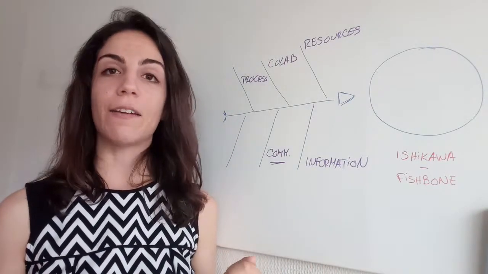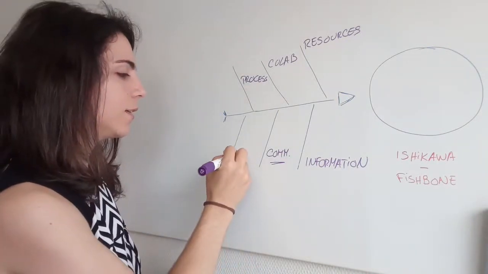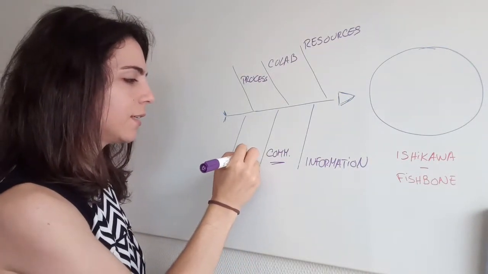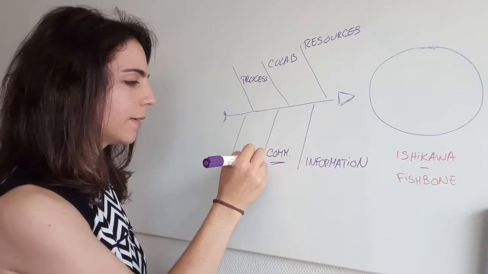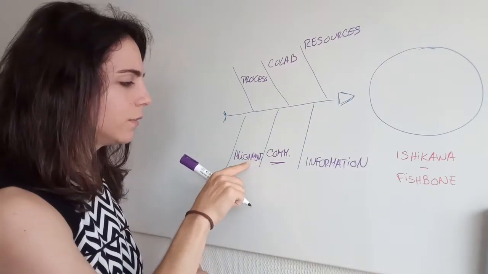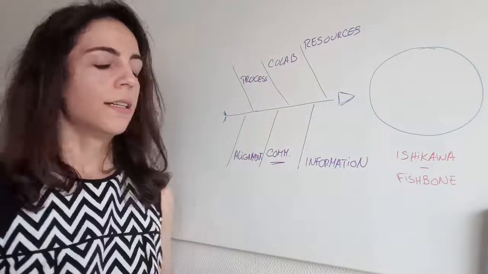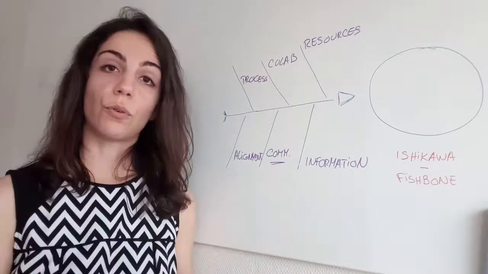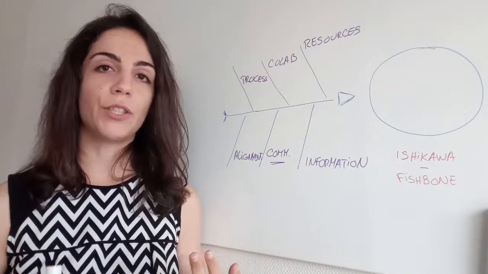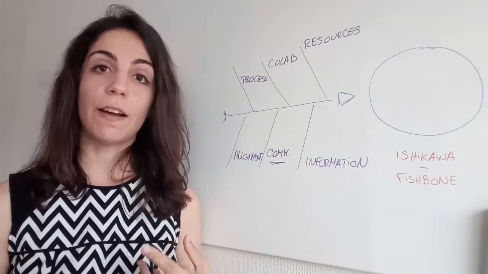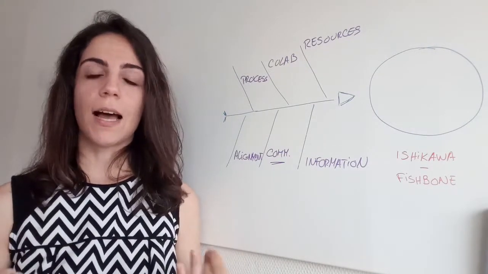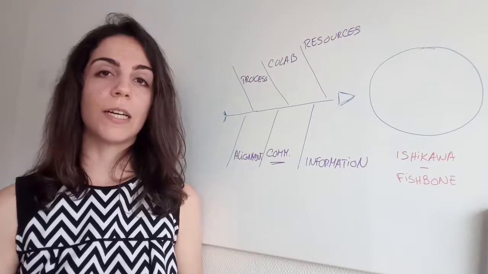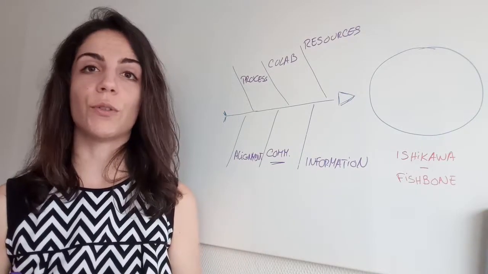And finally, we have alignment. So alignment is everything that has to do with your goals, with your mission, your vision, your values, your principles. How do you decide to work? How did you communicate that you're going to work together?